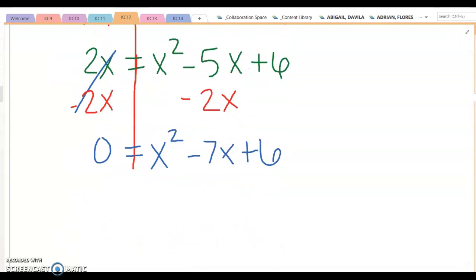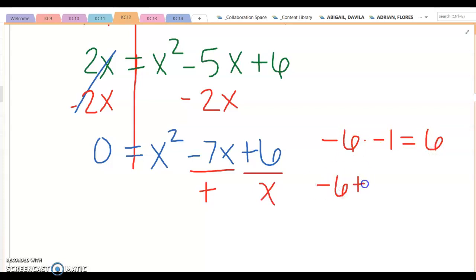So we need to come up with two numbers that multiply to get 6, and if we add them, we get negative 7. So with this one, we're going to have negative 6 and negative 1, because a negative times a negative is a positive, but if you do negative 6 plus negative 1, you get negative 7. So our two numbers are negative 6 and negative 1.